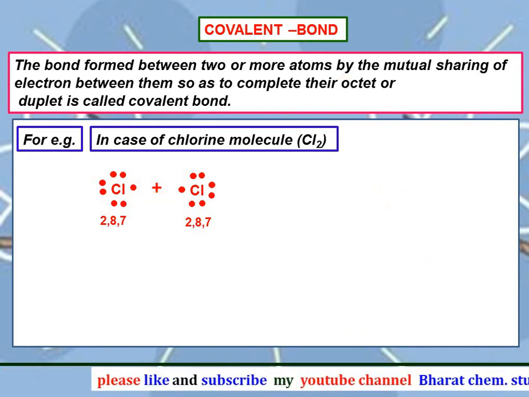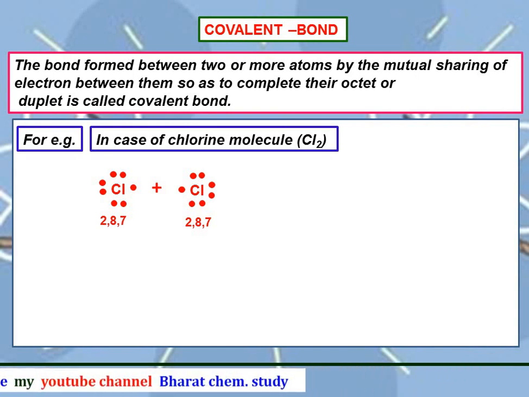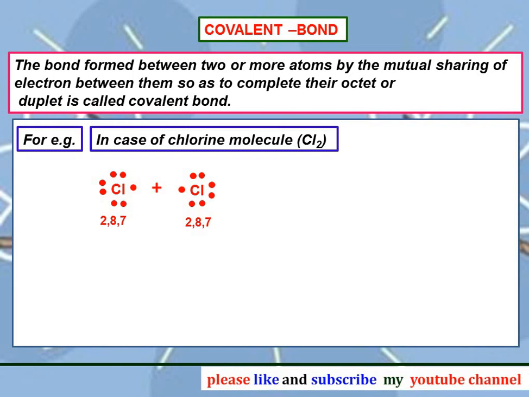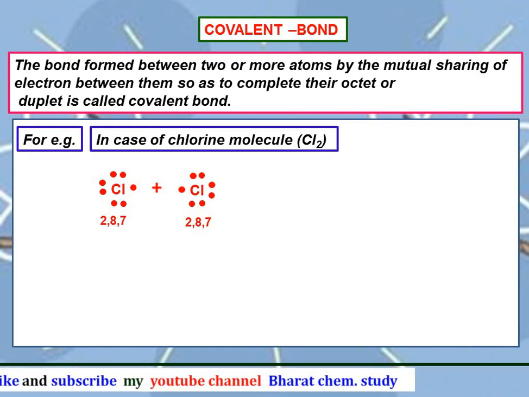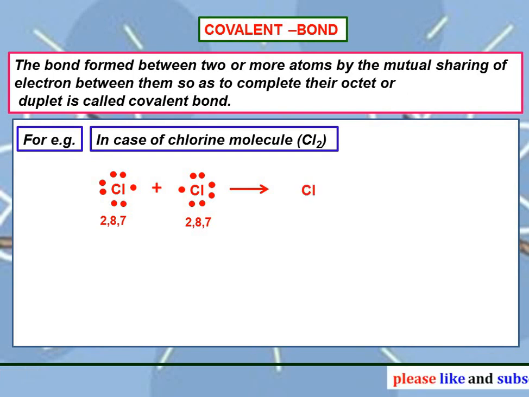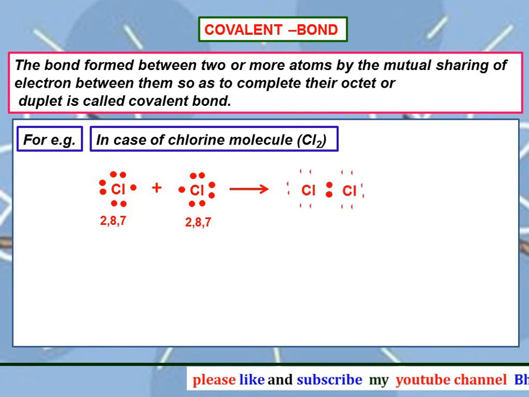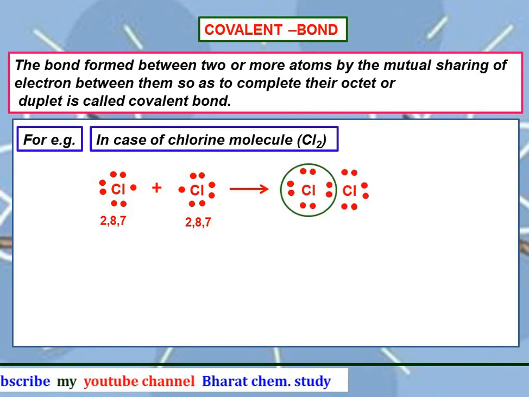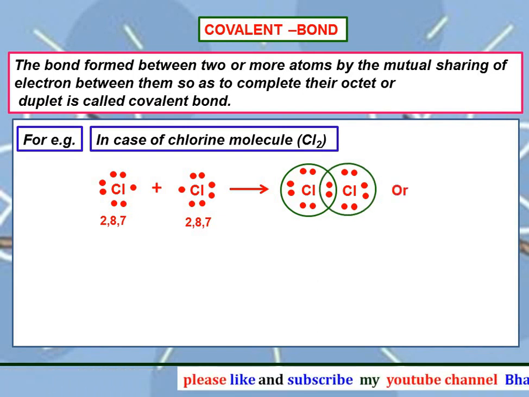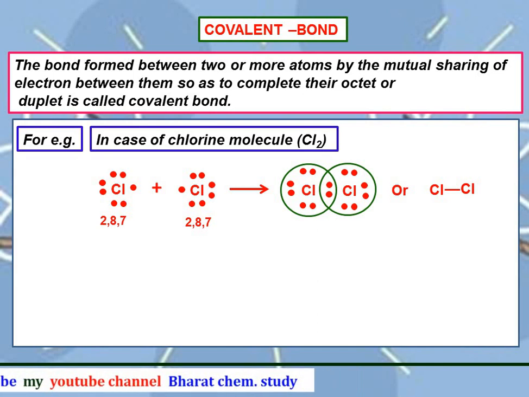They will share electrons because the shared electron belongs to both of the atoms. As a result, their octet becomes stable, or their valence shell becomes stable. So in this case, both the chlorine atoms share 1 electron each. As a result, each chlorine gets 8 electrons and both of the chlorines become stable. Such a bond is called a covalent bond.